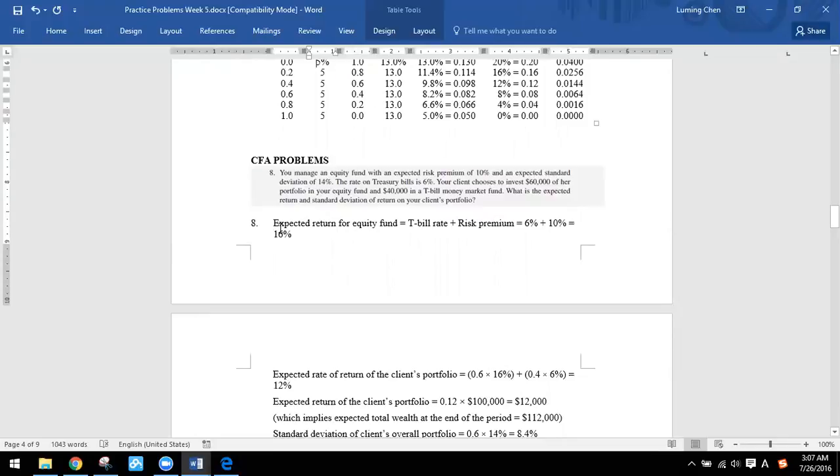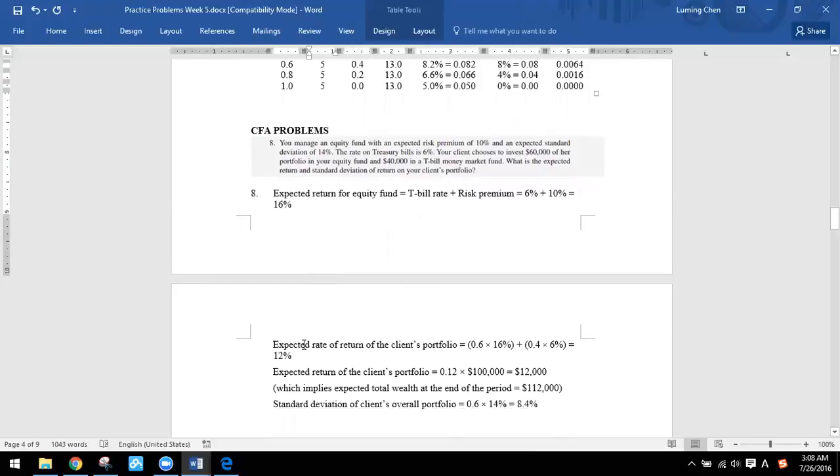So the expected return for equity fund, 16%, and rate of return is the percentage times the expected return of each asset class. 60% investing in a 16% equity fund and 40% invested in a 6% Treasury bill. So the expected return is 12%.